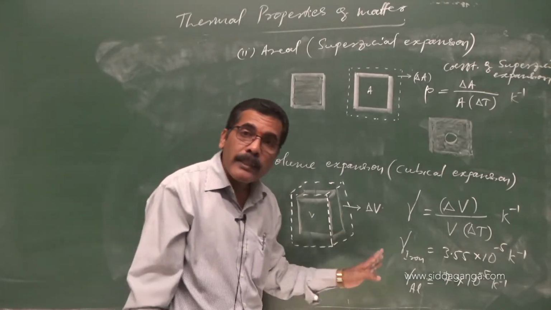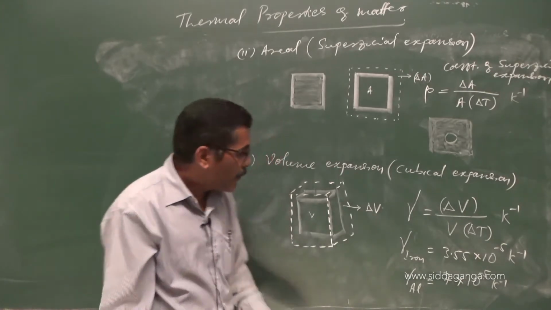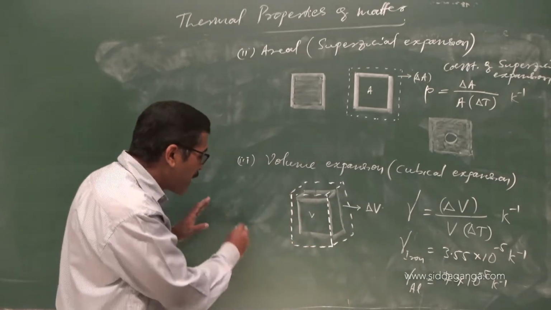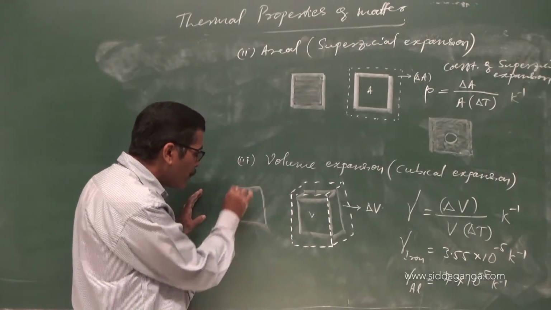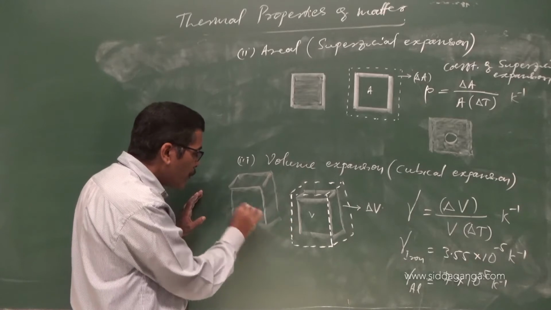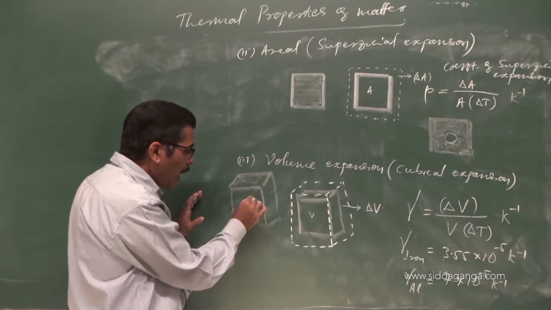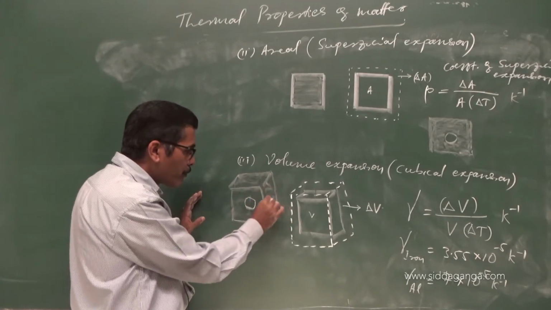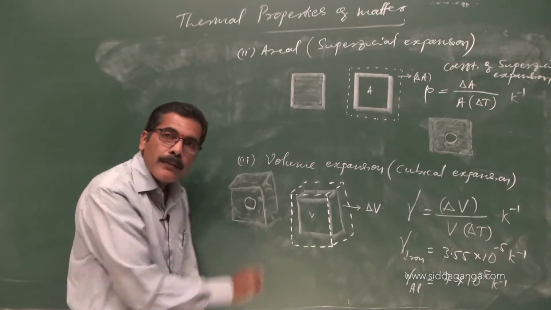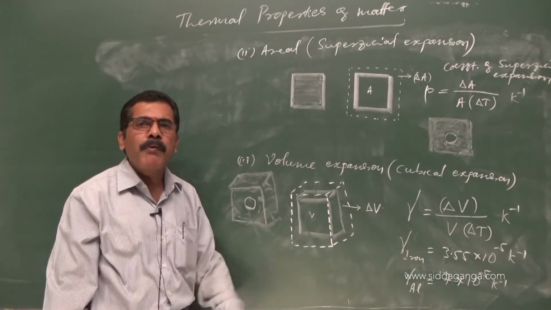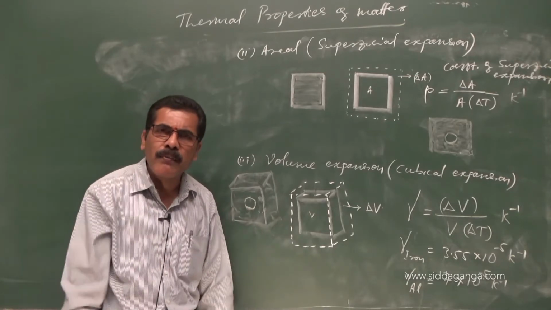And here I can tell you another interesting thing. If you have a solid cube and there is a cavity inside the cube, it may be of any irregular dimension.